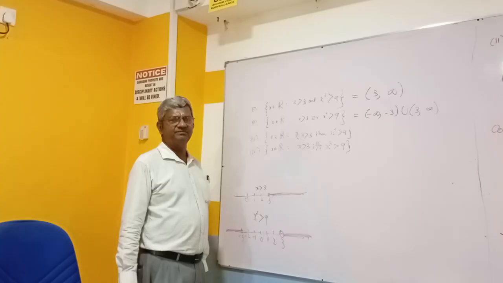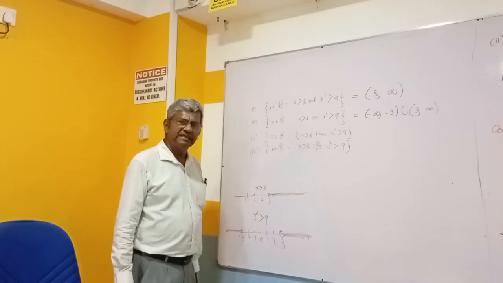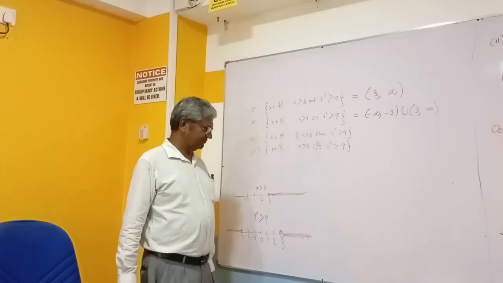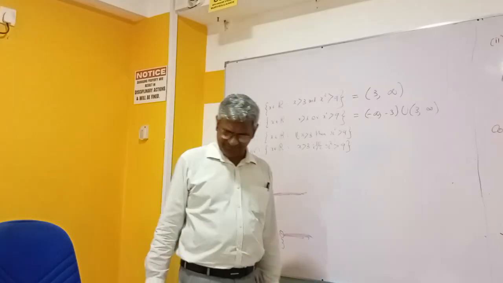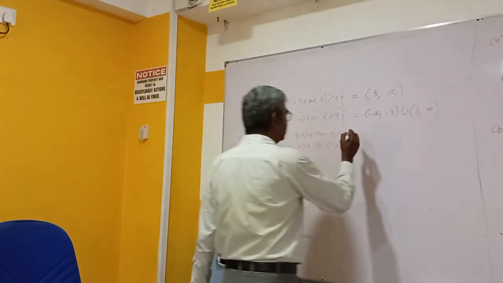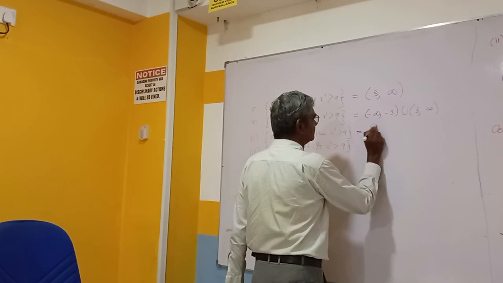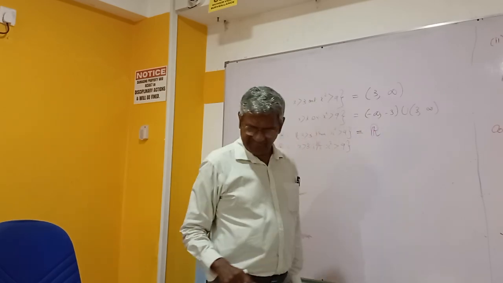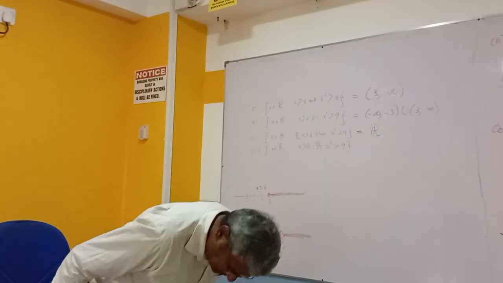He says it is R. I'm thinking about the negation. Okay, let me see your answer. There is one answer saying it is R. Let's see whether it is right or wrong.